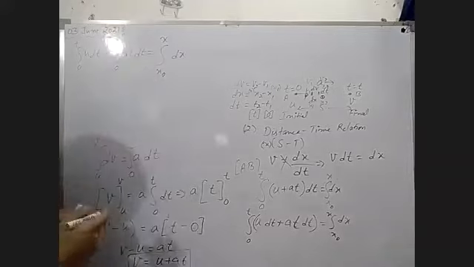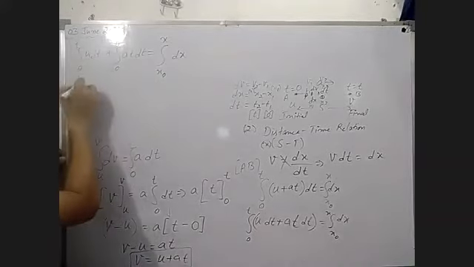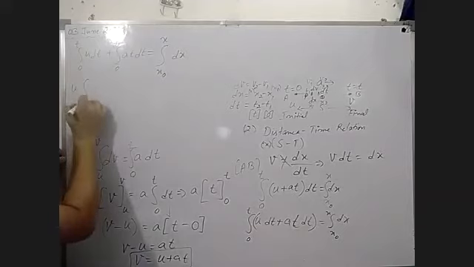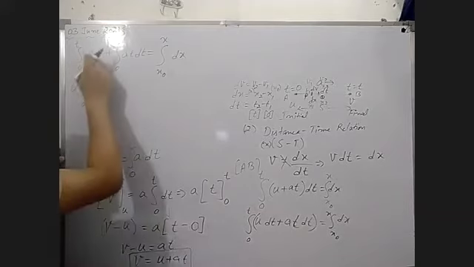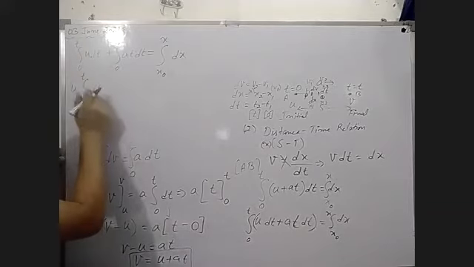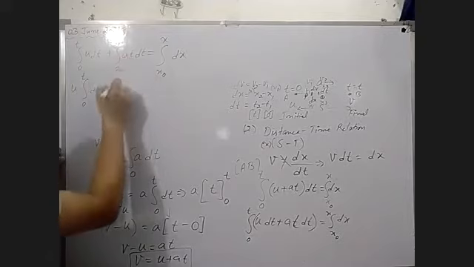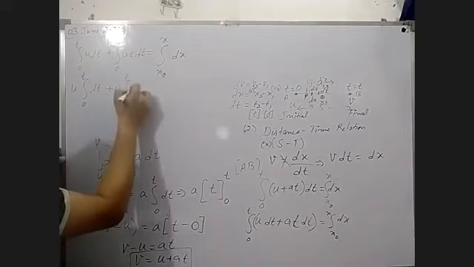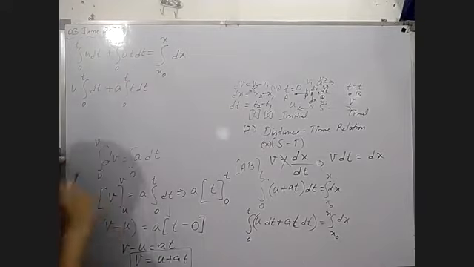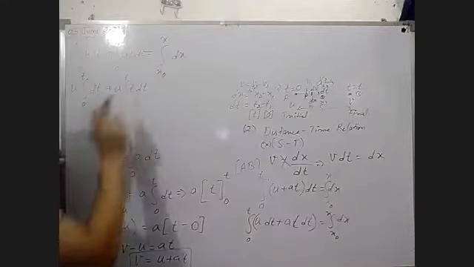In this way, we can write this. Now u will come out of the integration because u is not a quantity of time, dt is the only quantity. Plus here in at, only a will come out of the integration and t will stay inside, because with respect to t we have to take the integration.